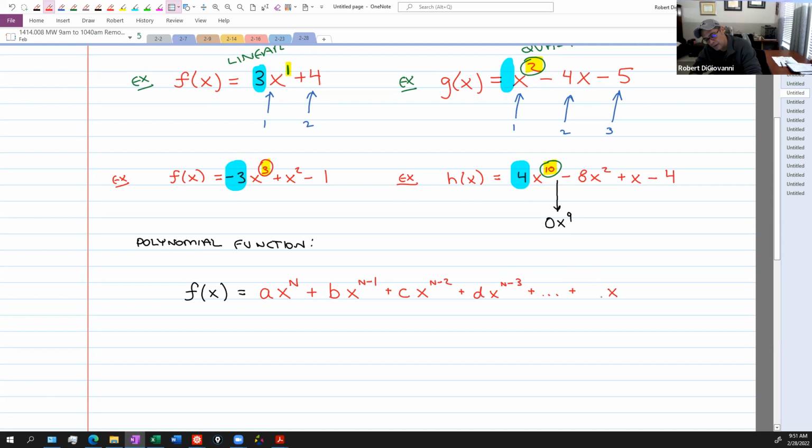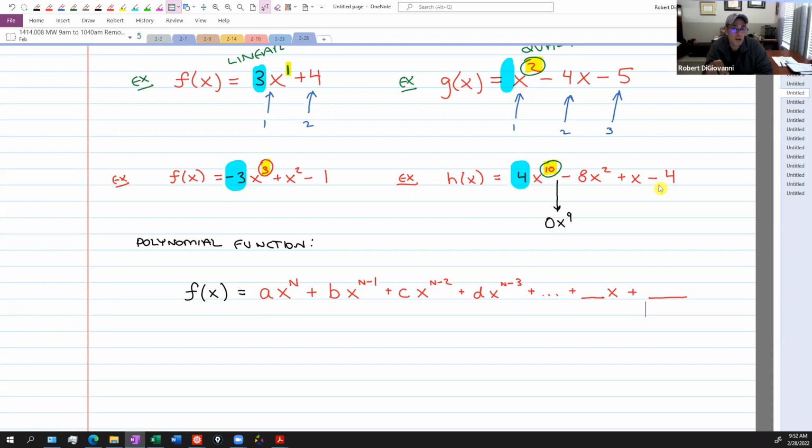I'm going to leave a blank in front of here, and then plus just some number. So notice on all of these, some of them have x, like -4x and then a number by itself. This one doesn't have an x term, but it has a -1. This one has an x and then it has a -4. So the very tail end will be an x. It may or may not be there, but the power has come down all the way until you get down to a final number, if there is one. Make sense or not? You don't need to be too invested in what's going on here. Just get the general idea.